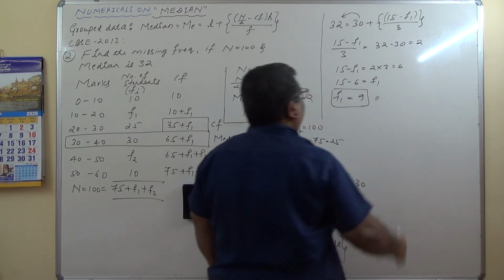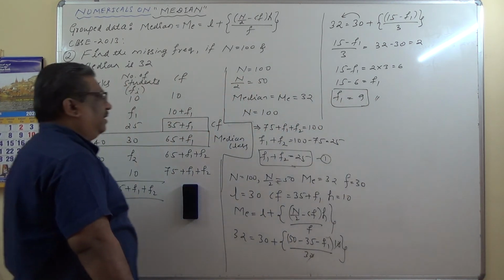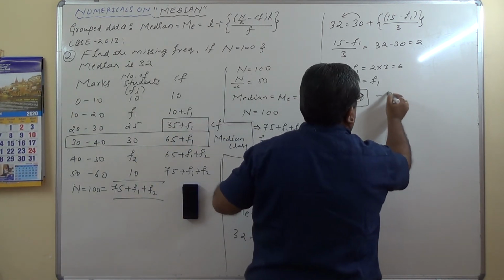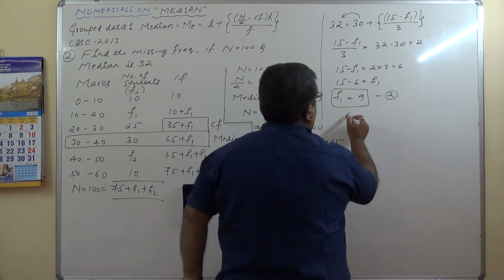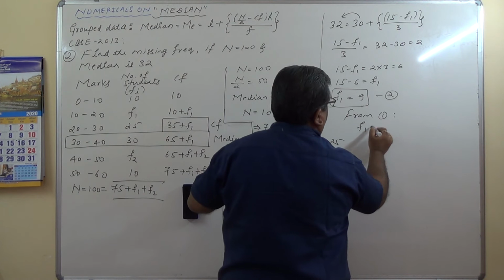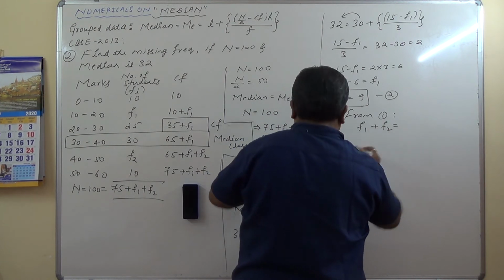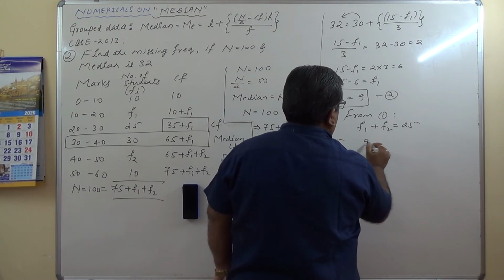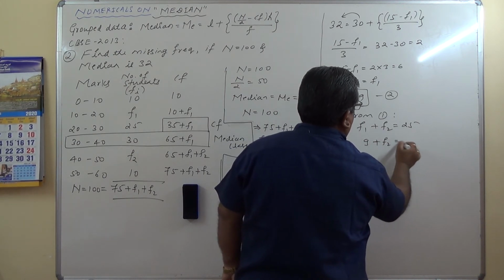We got the value of F1 as 9. Finally, mark this as equation 2, and use equation 1: F1 plus F2 equals 25. F1 is known to us, so 9 plus F2 equals 25.